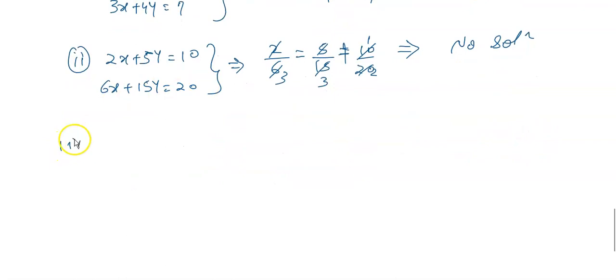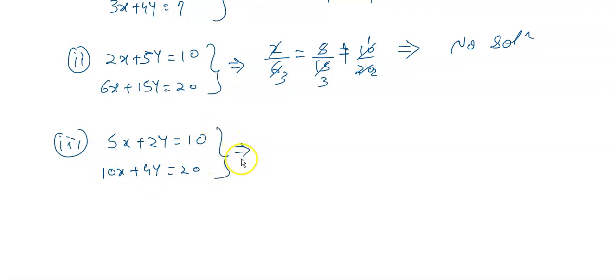And third, what have we been given? 5x plus 2y equal to 10, then 10x plus 4y equal to 20. What does this imply? We see that 5 upon 10 is equal to 2 upon 4 is equal to 10 upon 20.